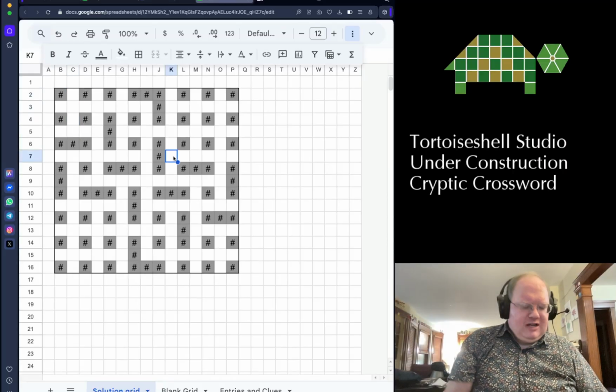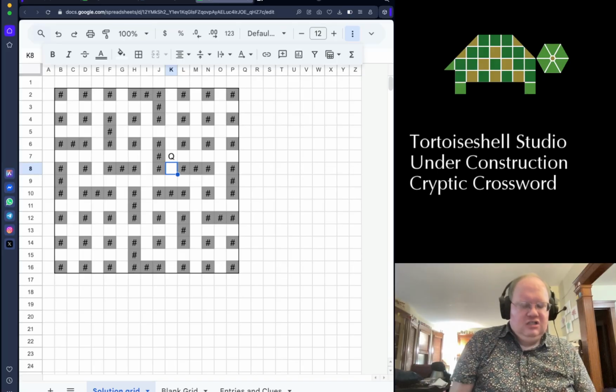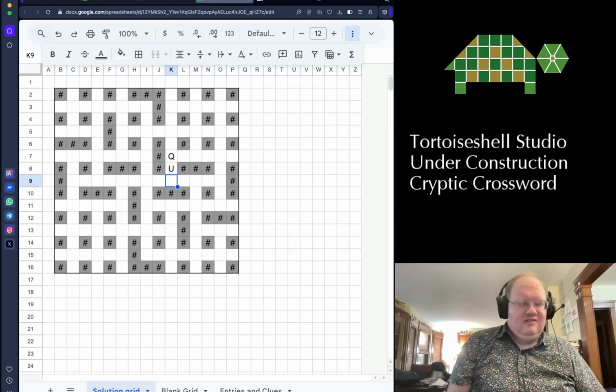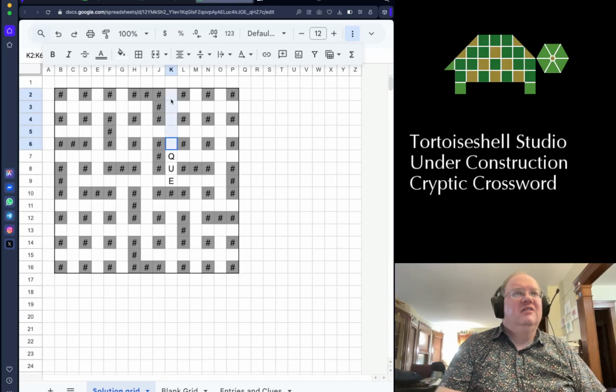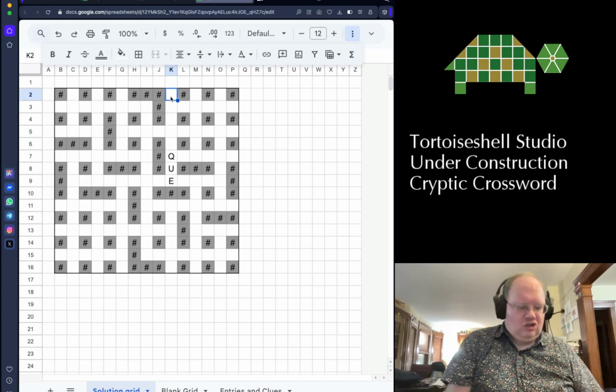So, for example, we might have a Q here and some answer that begins QUE or ends QUE, and this is 5 letters ending in QUE, so it could be something esque or boutique. Sure, let's put boutique.